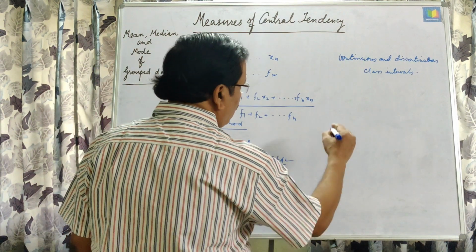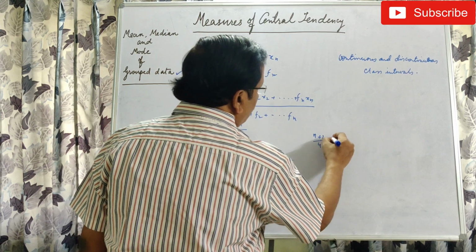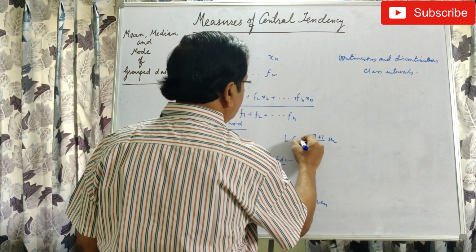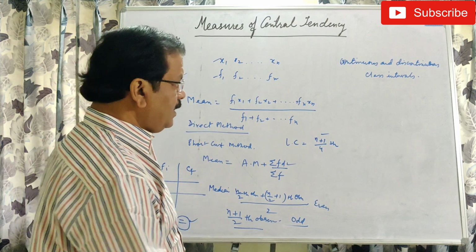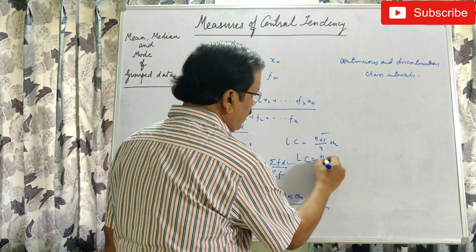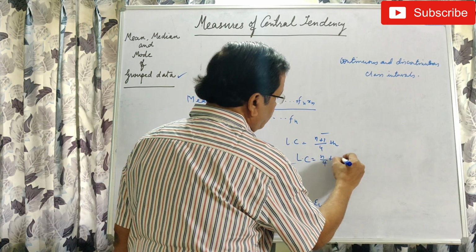The same type of formula will be used, that is n plus 1 upon 4th observation in case of lower quartile. If n is even, then lower quartile will be n by 4th observation.